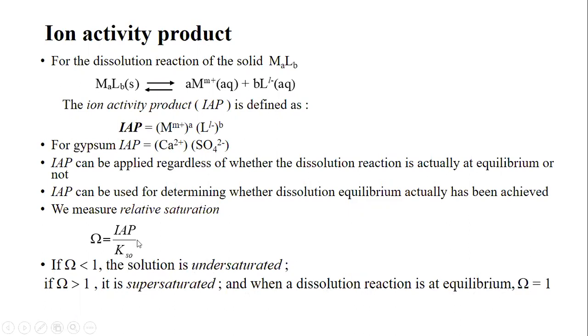If this and this are equal, we have equilibrium. So we are not going to have dissolution, and we're not going to have precipitation. If you have undersaturation, that means this is not enough. We do not have enough to precipitate. If you have a supersaturated solution, that compound will start precipitating to reduce the ions so that the multiplication of this will be equal to K.